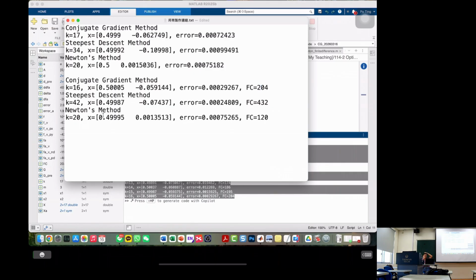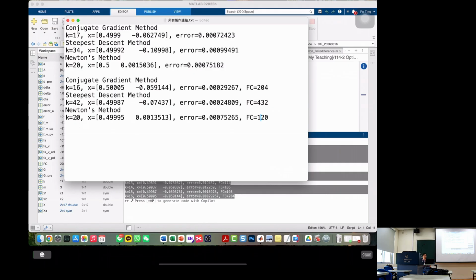Sometimes in my lab, when we solve some problems, we still solve by Newton. Even though you need to handle the Hessian and there are so many second order partial derivatives, overall it may not require the highest function call.